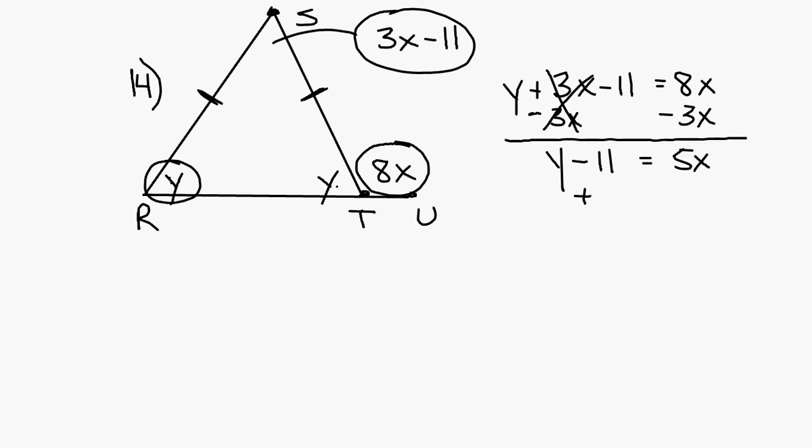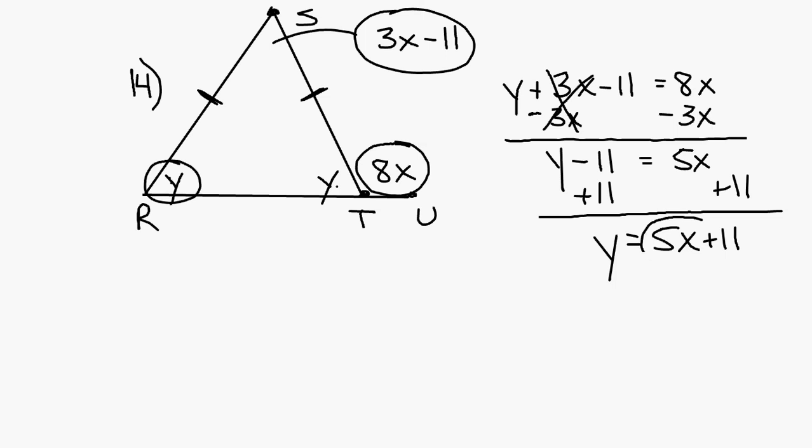If you add 11 to each side, then y is equal to 5x plus 11. Now, do you see where this y is? You can replace it with 5x plus 11.